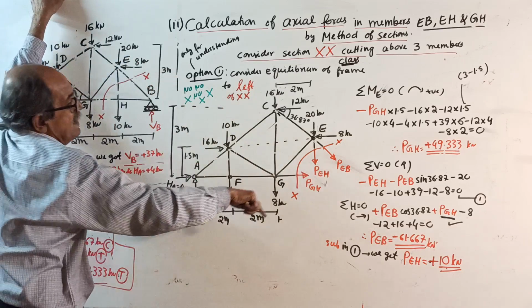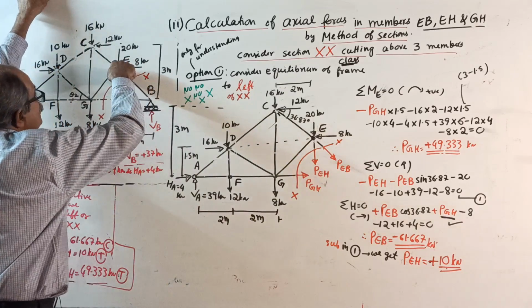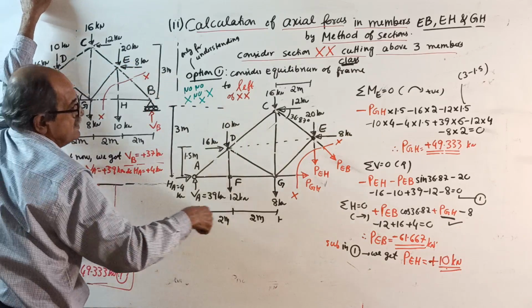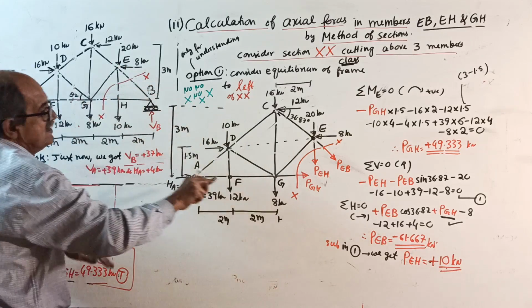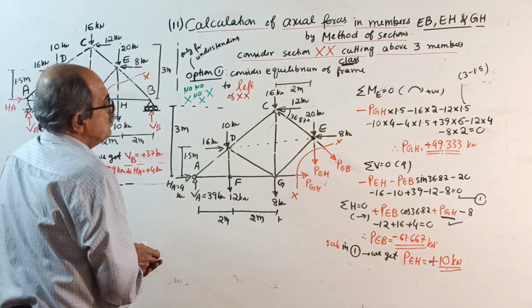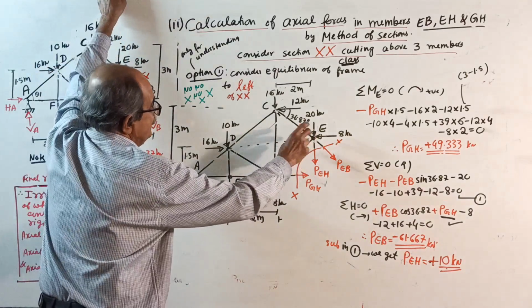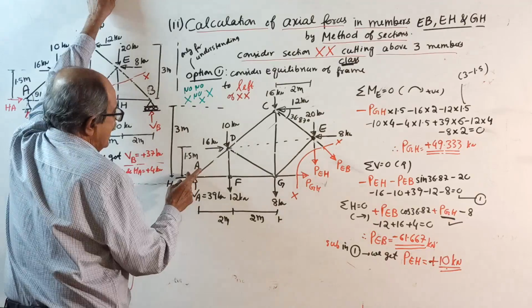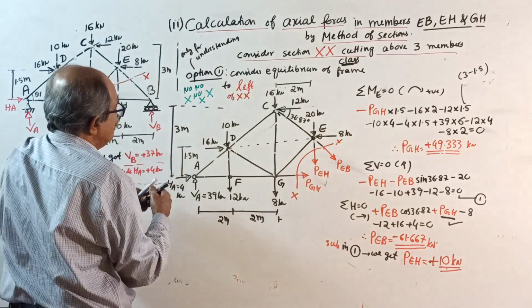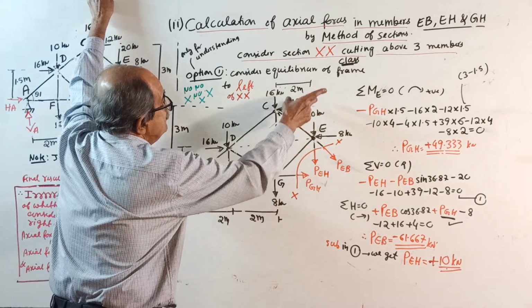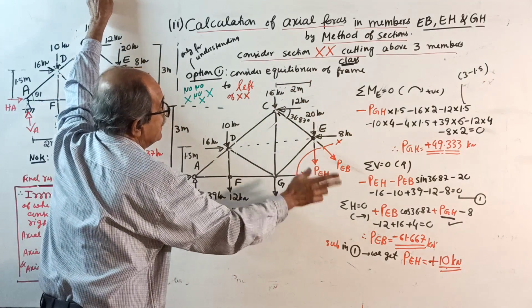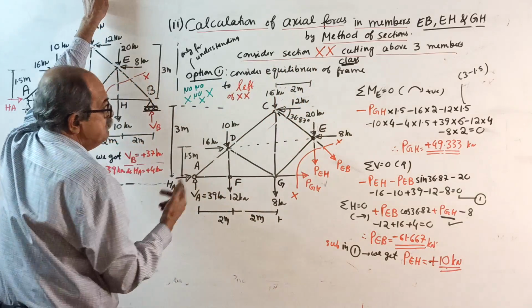Force for EB, force for EH, and force for GH, all outwards. Full height is 3, half height is 1.5, so the remaining height is also 1.5. This is 2, this is also 2. I don't want the right here because of the cut. Everything over.